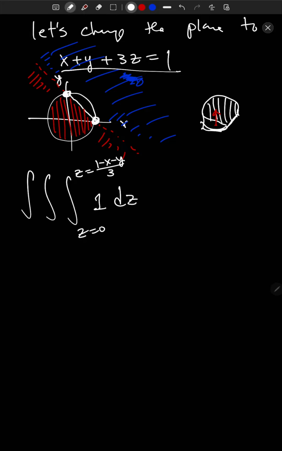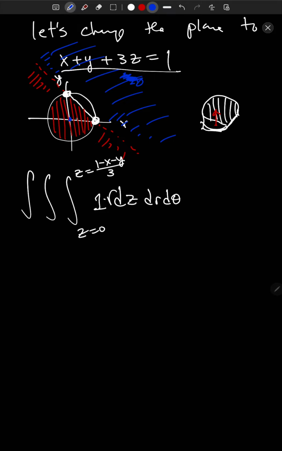Okay, so the interesting portion of this problem is the dr d theta, right? And then of course if we have a dr d theta, we're going to have to pop out an r, right? So the interesting part here is we can see the r is going to be different. Our rays emanating from the origin are going to be different depending on which direction we're pointing.